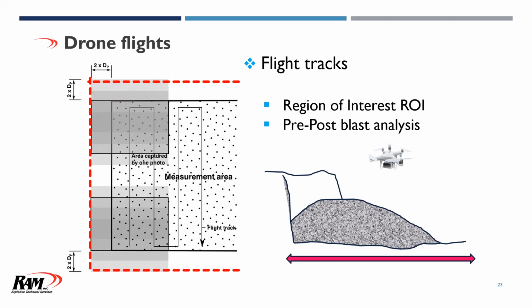So when we go out there later to capture it for post-blast analysis, to look at throw and swell and things like that, we can capture that, and also for fragmentation as well. And if we're looking to do any type of progressive excavation and capture that to progressive volumes, we need to make sure again that that entire region of interest is in our flight. So we've got to plan that out accordingly to make sure that area is covered.